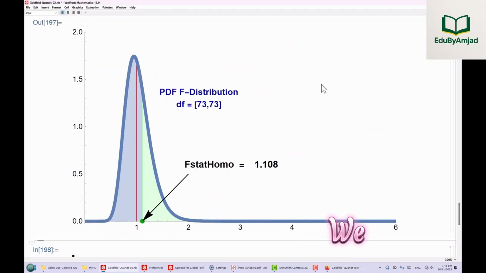As before, we define the F distribution with 73 by 73 degrees of freedom. When we observe the graph carefully, we see that our calculated F statistic, 1.108, lies very close to 1, which is the center of the curve.